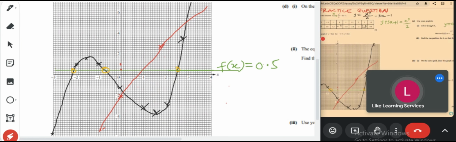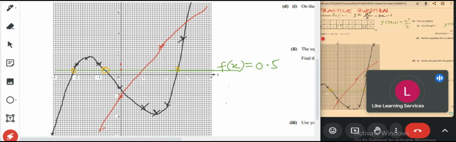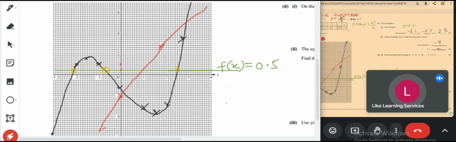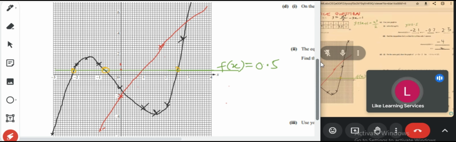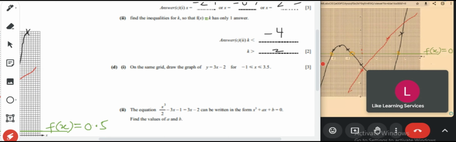Are you still there? Yes, I am. Show me again what you did on the graph for the second part of the question. Find the inequalities for k such that f of x equal to k has only one answer.